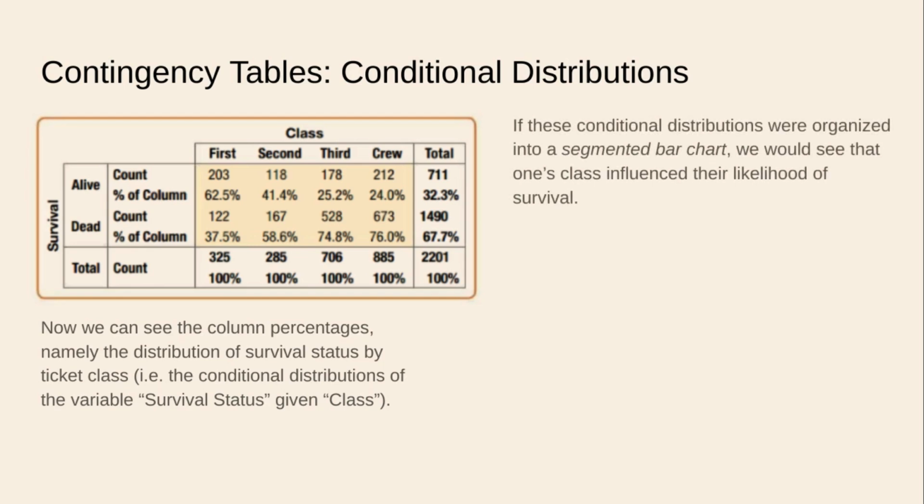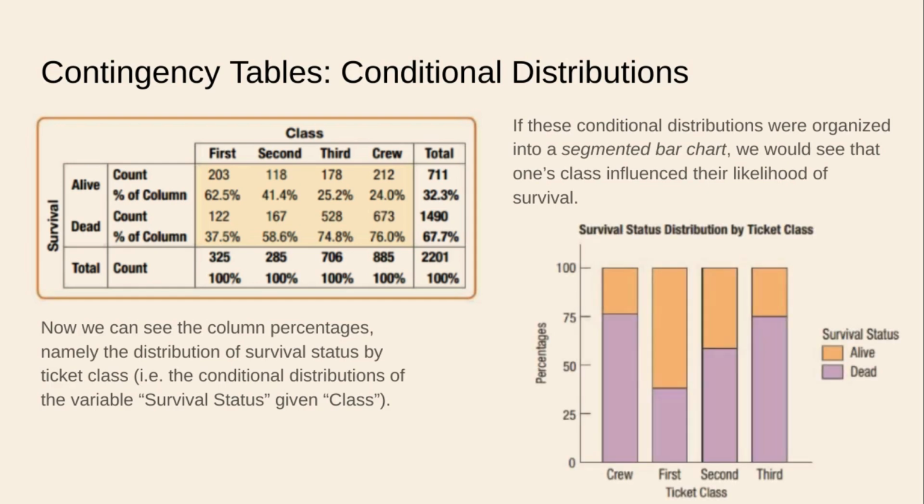If these conditional distributions were organized into a segmented bar chart, which is a very useful graph for letting these data speak, we would see that one's class influenced the likelihood of survival. Check this out. So we're living in the world of crew. If you're in the crew, what are the odds that you're dead? Over 75%. First class.